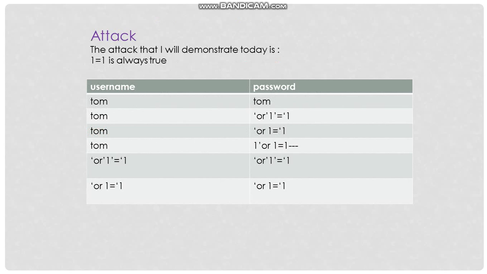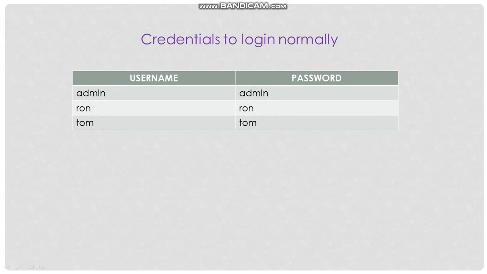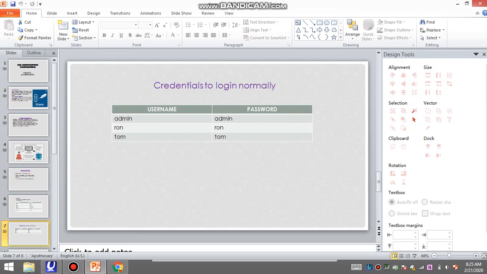So these are some codes that can be used by the attackers if they do not know the password. Of course they do not know, that's why they are attackers, and this too. So moving on. These are the credentials that I will be using for logging in normally. So let's move on to the demonstration.